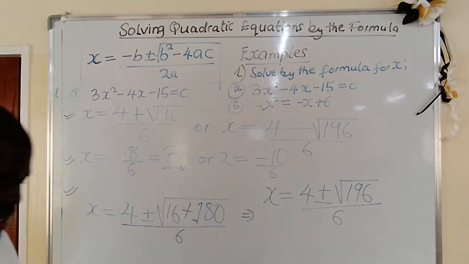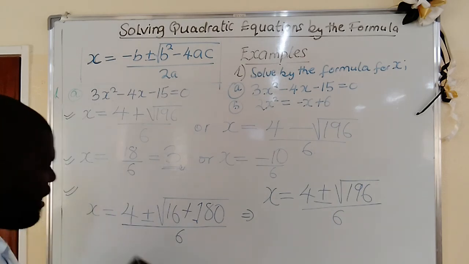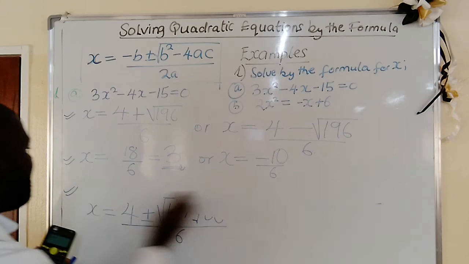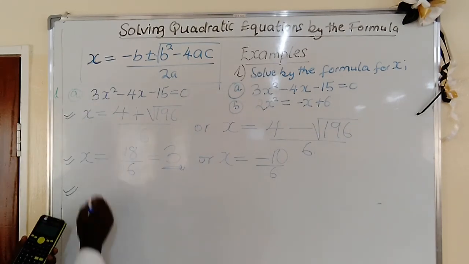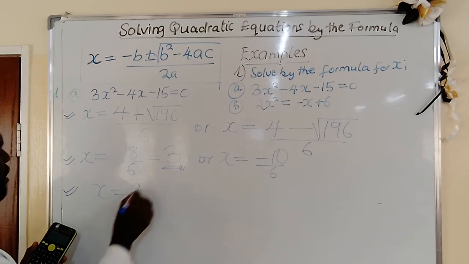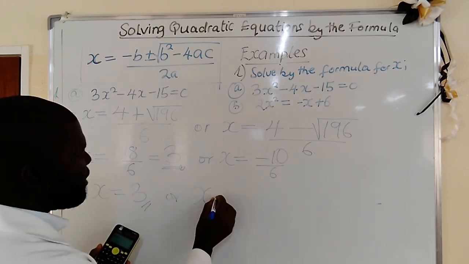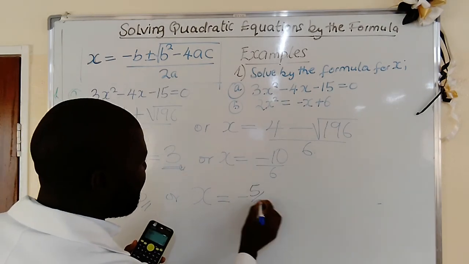Then you say divided by 6, so we are getting our final answers as x is equal to 3, or x is equal to negative 5 over 3.